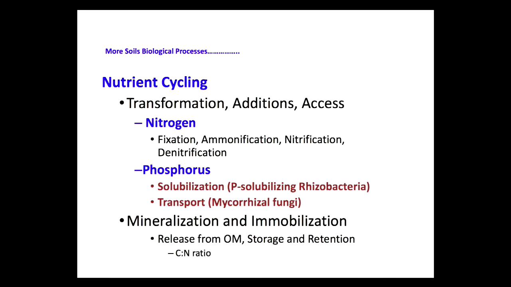The soil biology is also very important in nutrient cycling. In the case of nitrogen, phosphorus, and every mineral in the soil, somehow it is controlled by some microbia in the soil. In this case, I only put nitrogen and phosphorus because they are the most common ones that you have here.